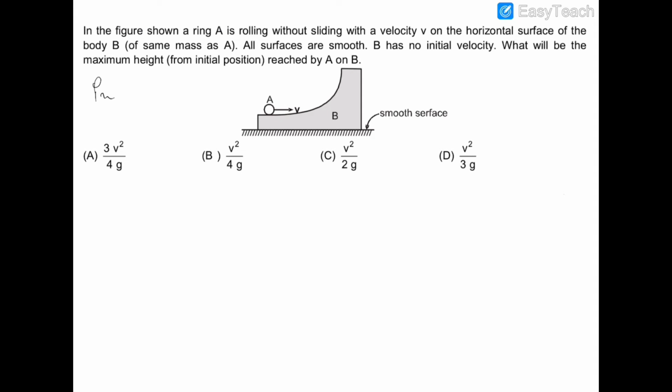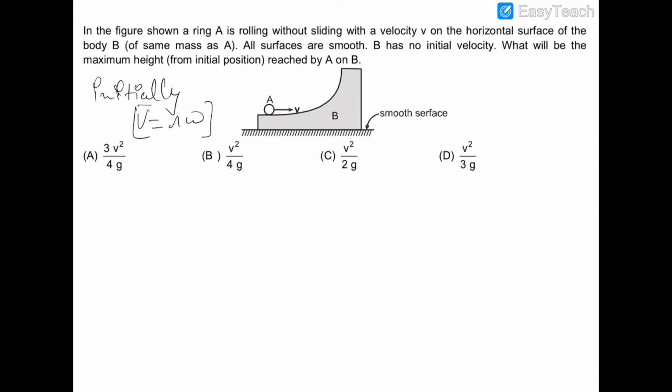So initially I can say that v is equal to r omega for the ring. The plank does not have any friction, neither does this surface, so there is no friction anywhere, and we have to find out the maximum height attained by this ring on the plank.